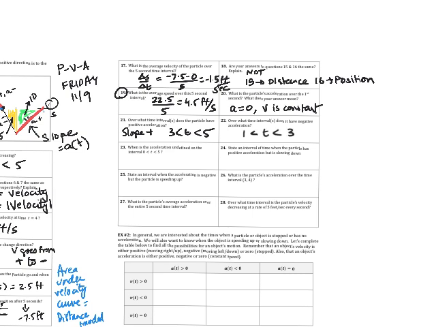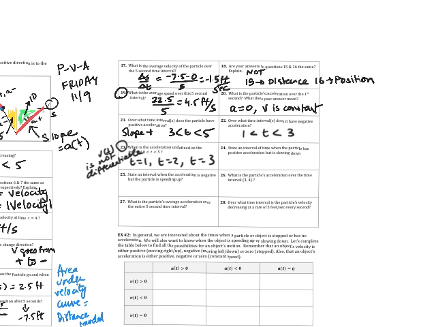Number 23, acceleration is undefined at t equals 1, at t equals 2, and t equals 3. Notice that that is the same thing as saying that the velocity function is not differentiable at those points because there are sharp corners at all of those 3 points.